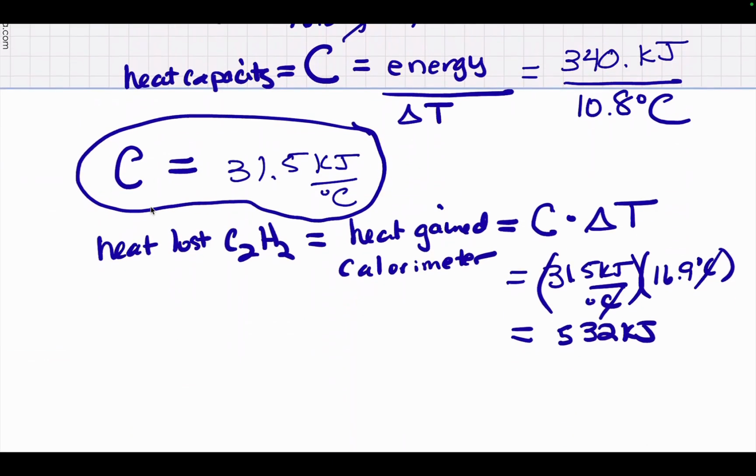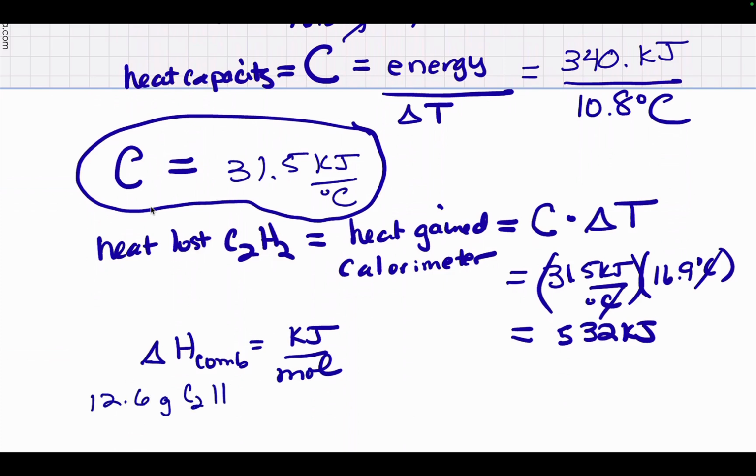heat of combustion values are per gram or per mole. So this time we're going to give the value of delta H of combustion in kilojoule per mole. So in order to do that, we have to take the grams of acetylene and convert that into moles.